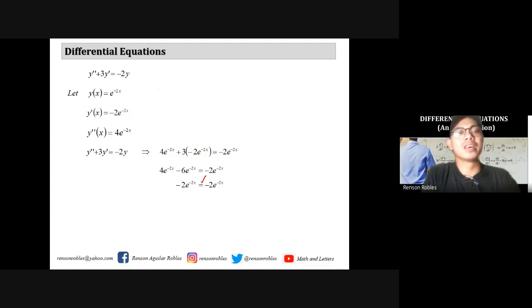What does it mean? This means that the function e raised to negative 2x is a solution to this differential equation. And actually there are a lot of expressions or equations that can be a solution to this differential equation. That's why the solution of a differential equation might be a function or a set of functions.